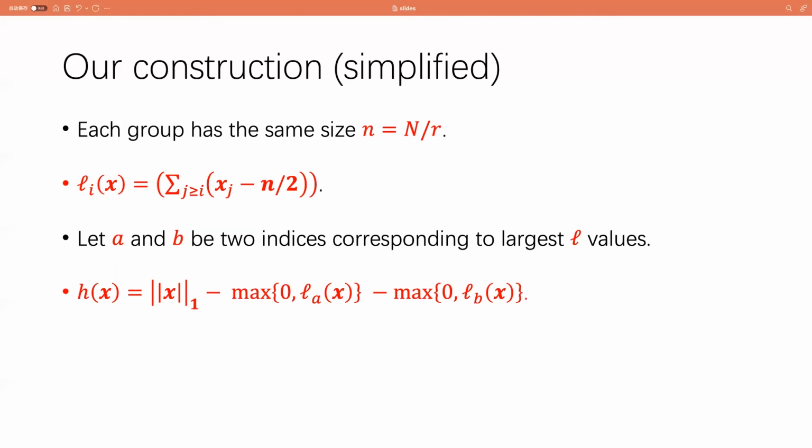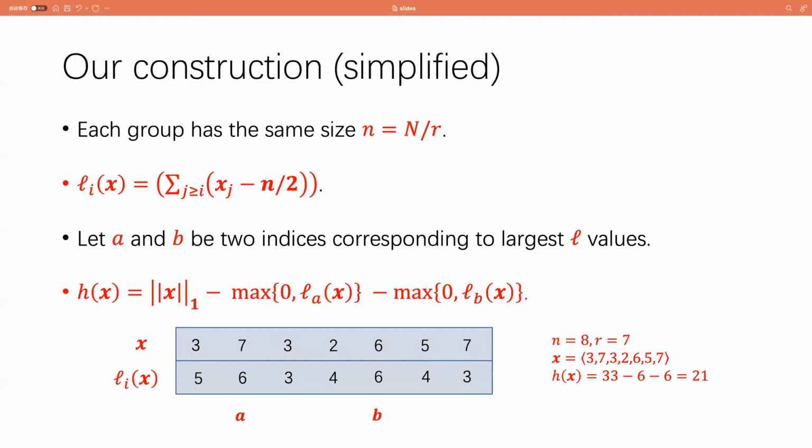Let's see an example. Suppose n' equals 8 and r equals 7 and x takes the value 3732657. Then L_7(x) is 7 minus 4, which is 3. L_6(x) is 7 minus 4 plus 5 minus 4, which is 4.